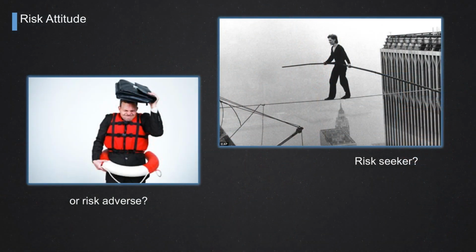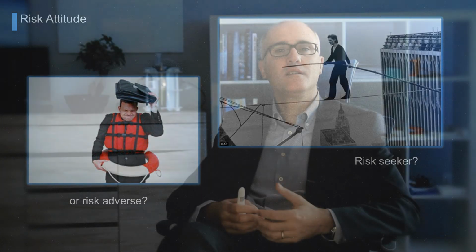The problem in assessing the risk, and in particular in assessing the probability of occurrence of an event, is the fact that each of us has a different risk attitude. Some of us are risk seekers, so they live with risk as normal work. Some others are risk averse.